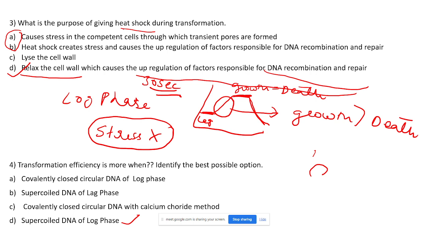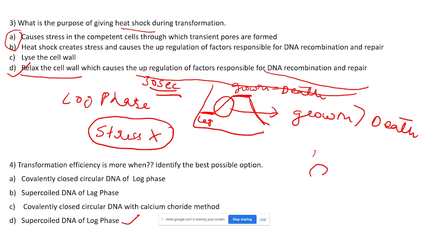Do you want more stress so that the recombination and repair pathway is upregulated more, or are you okay with this much upregulation, but you do not want a lot of stress? You just want the cells to expand transiently, and transiently the recombination and repair pathway to sense that something is happening, that it is not normal.